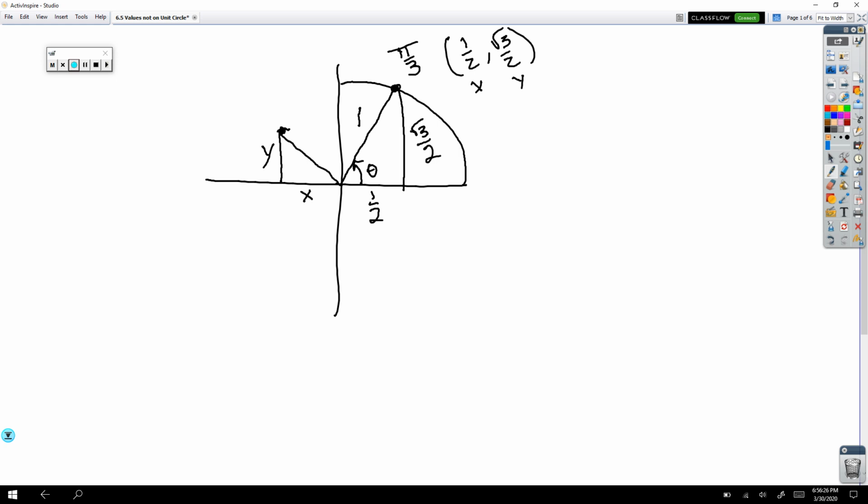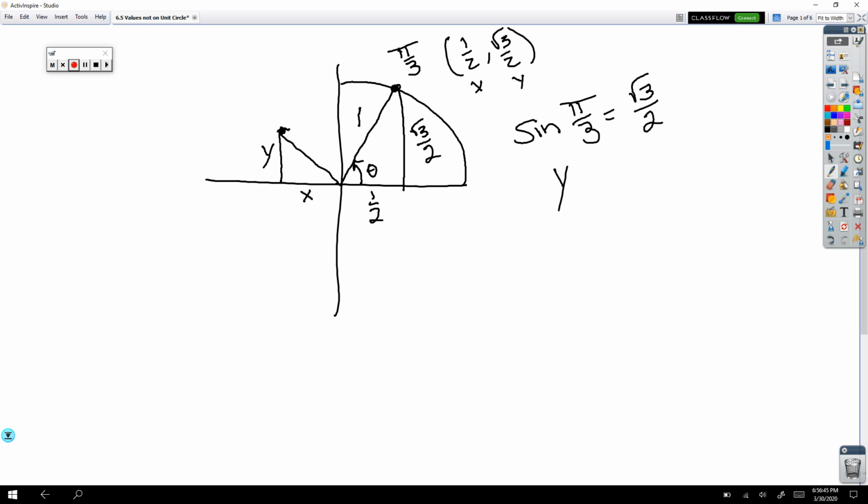So we're used to looking at the unit circle and saying for pi over 3 that the sine of pi over 3 is the square root of 3 over 2, right? The y value of the angle measure pi over 3.